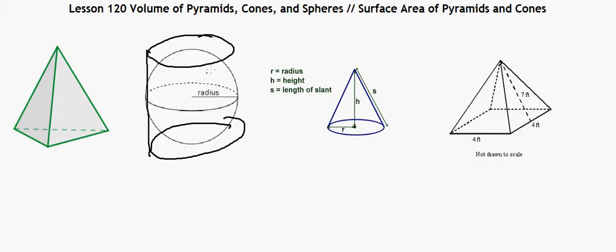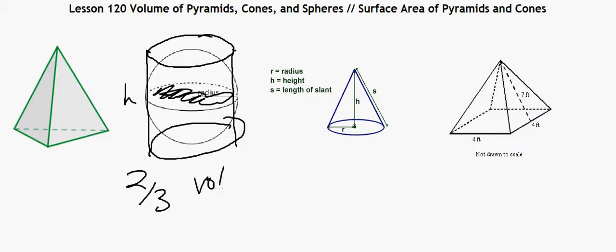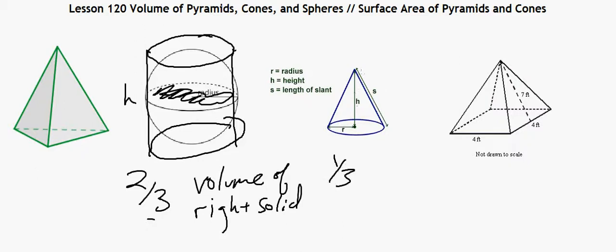If we find the volume of this, using the area of this circle for my base and then multiplying by the height, we just take 2/3 of that volume of the right solid, the cylinder. These formulas are listed on 378. And the same thing with this cone. You would find 1/3 of the volume of the shape that we have used before.